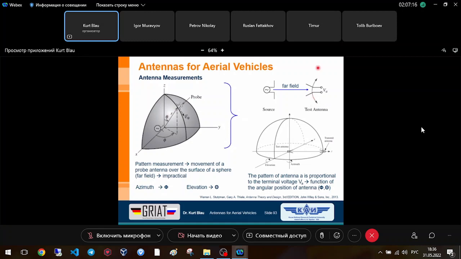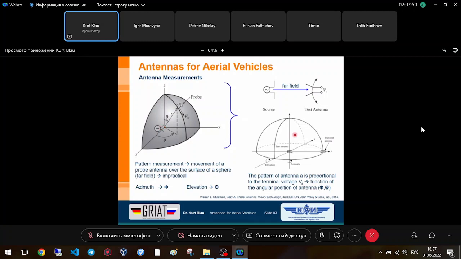As you can see here, it's moved, but it's the same. You can also excite the test antenna here, and you can receive it here. You know, it's exchangeable. It makes no difference. But here we say this antenna is the illumination antenna of our test antenna, and the test antenna, or antenna under test, is moved against this source or illumination antenna.